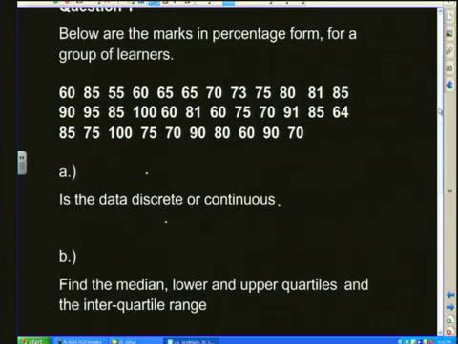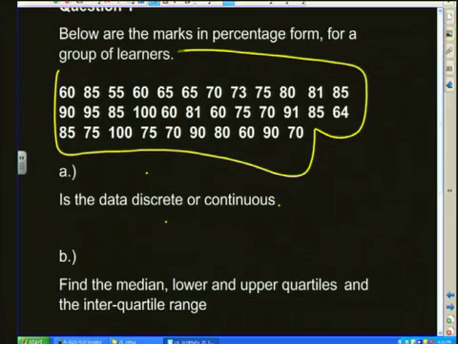So we've got an entire set of data. First thing you should do, as I say, is analyze that data. If you count the number of entries there, you'll see that there are 34 different marks. It is ungrouped because all the data is just given to you in this form. No grouping has been done with it at all.